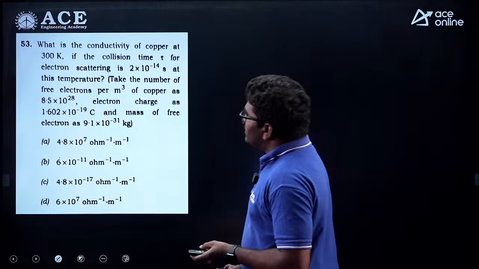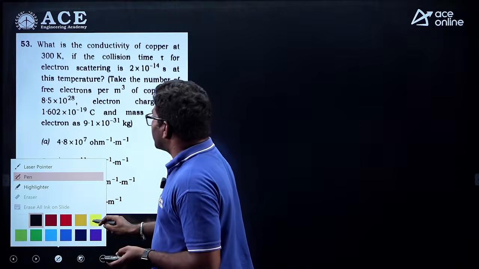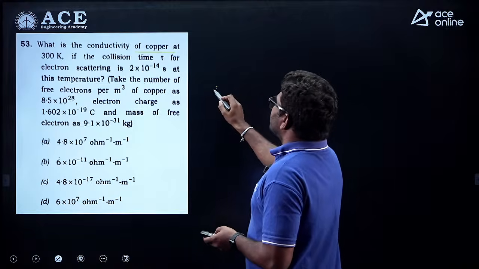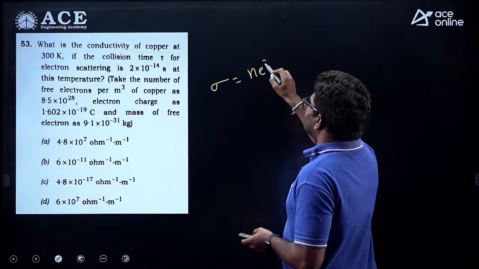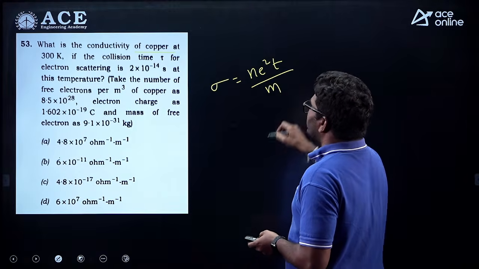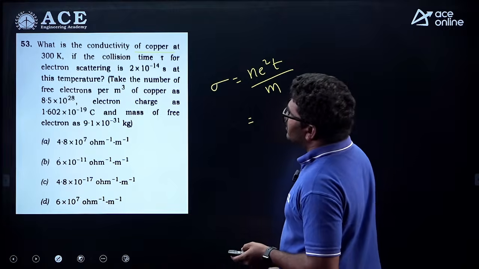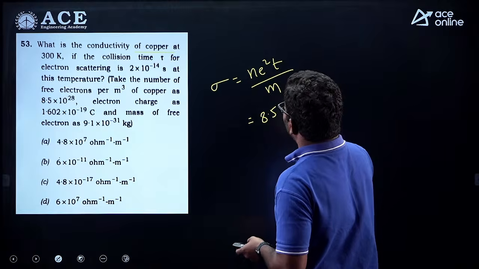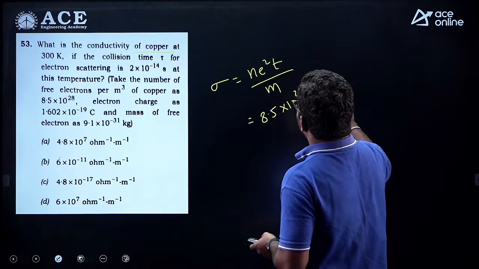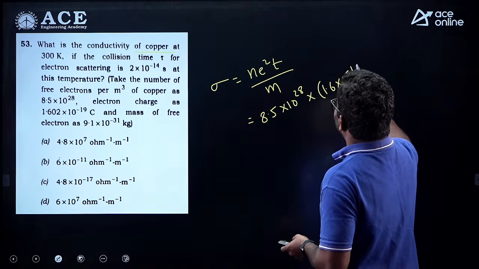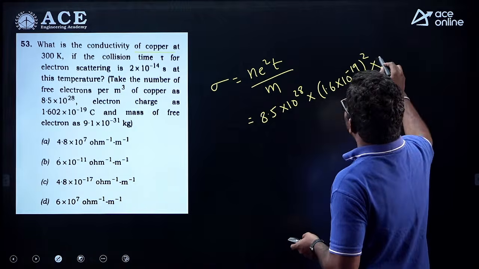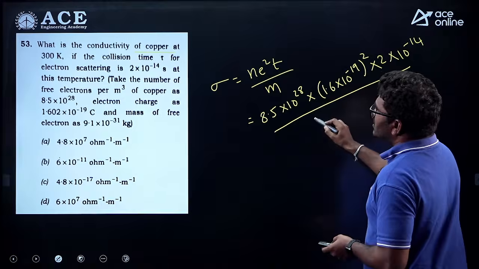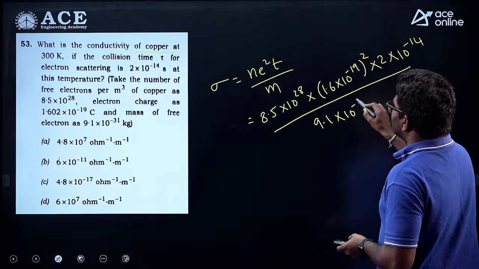Now this question is related to electrical conductivity of copper. You can use this formula, sigma is equal to Ne square tau by m. Complete data is given. Number of electrons is 8.5 into 10 power 28, electron charge 1.6 into 10 power minus 19 whole square, and time is given as 2 into 10 power minus 14 seconds, by mass of electron 9.1 into 10 power minus 31 kg.